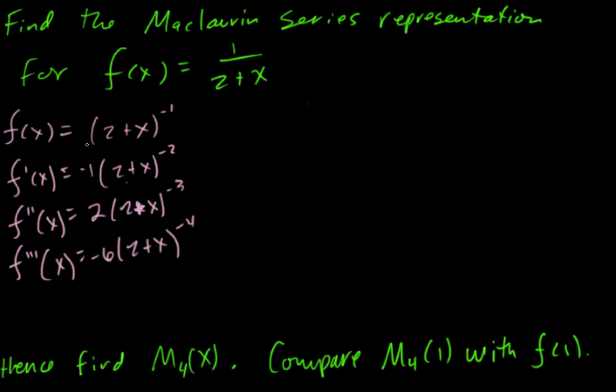Now, we're going to write a general formula for the derivative of f of x, for the first derivative, second derivative, etc., keeping in mind that the zero derivative is just f of x.